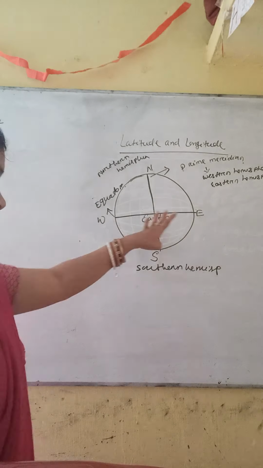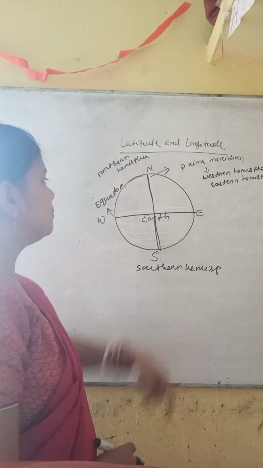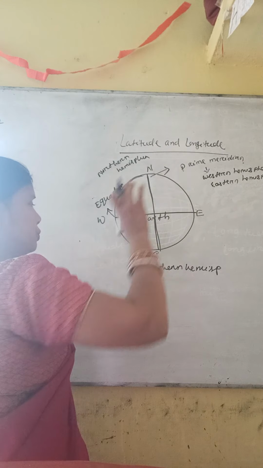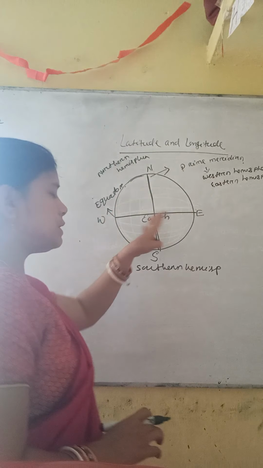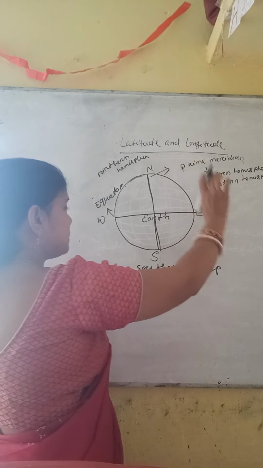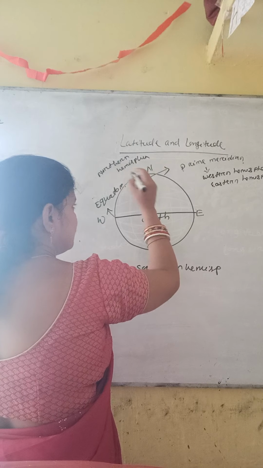The imaginary line that stretches from west to east is called the equator, and it divides the earth into the northern hemisphere and the southern hemisphere. Besides that, we have to know what latitude and longitude are.